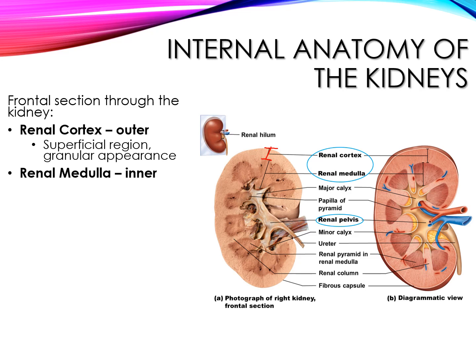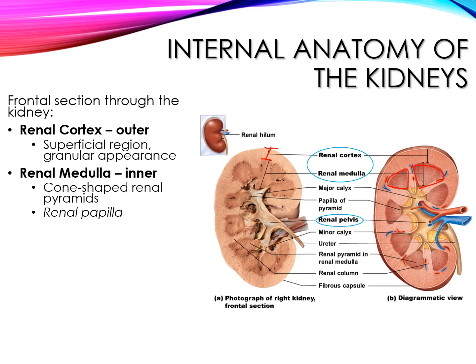And then all on the inside is the renal medulla. The renal medulla is made up of these cone or pyramid shaped, kind of upside down pyramids called the renal pyramids. So the renal pyramids make up the medulla. Here's one renal pyramid. Here's another one. They're upside down, triangle shaped.